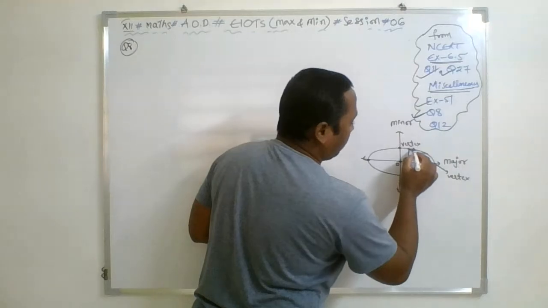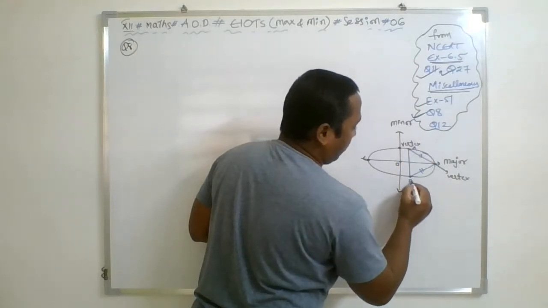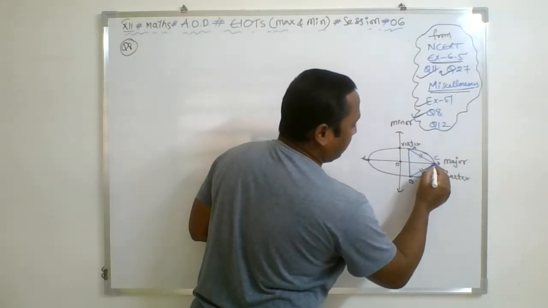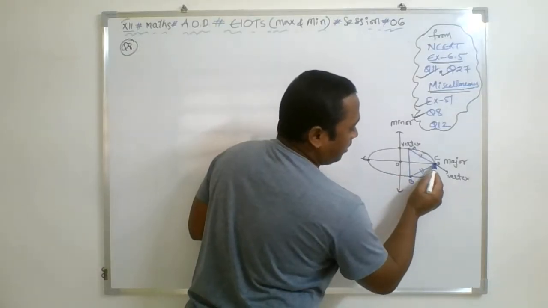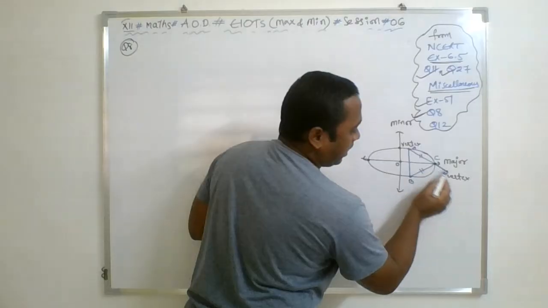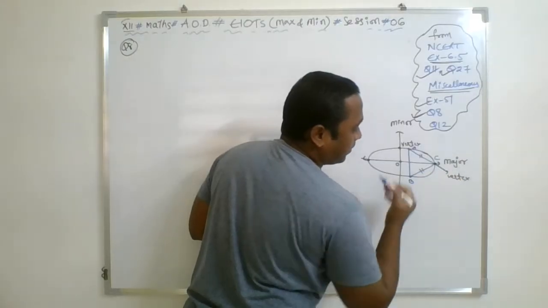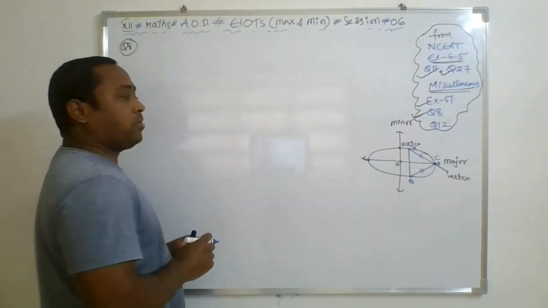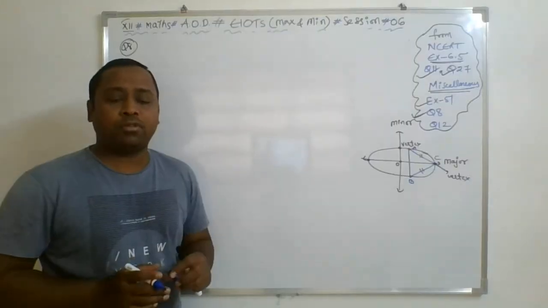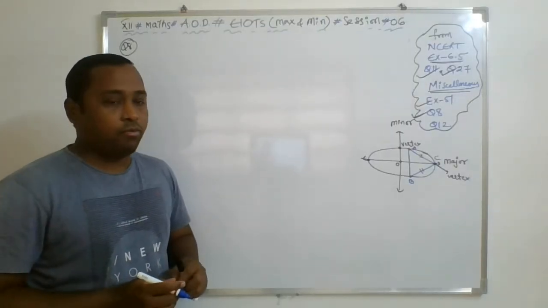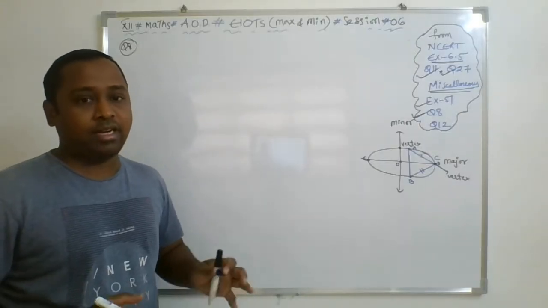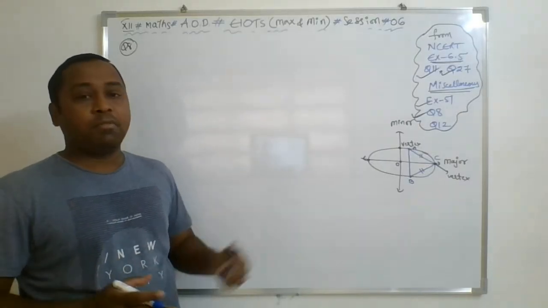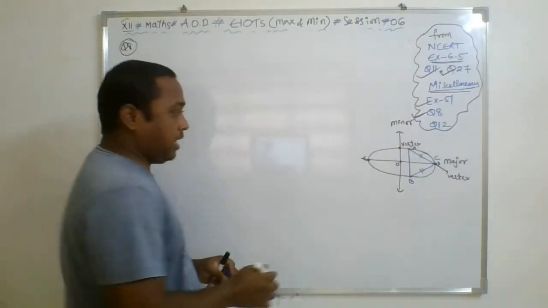I can also name it A, B, C, and C is the vertex of the triangle that coincides with the vertex of the major axis. So this is one of the possible cases of the figure where an isosceles triangle is inscribed in the ellipse with maximum area, right?